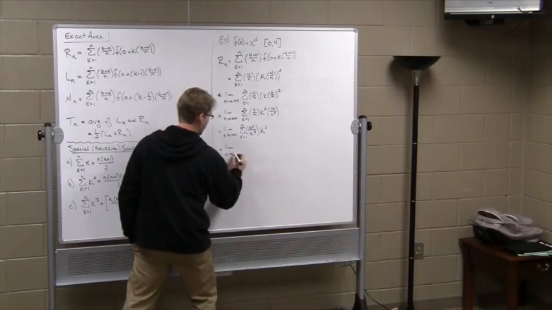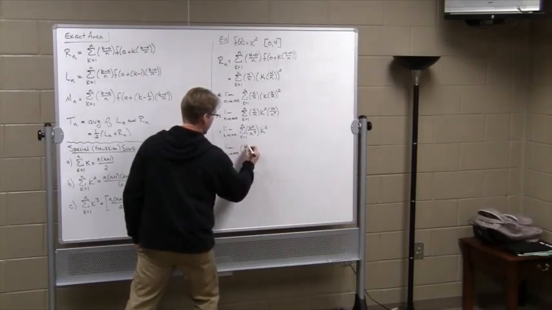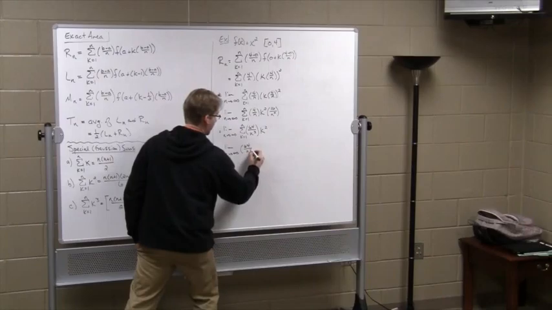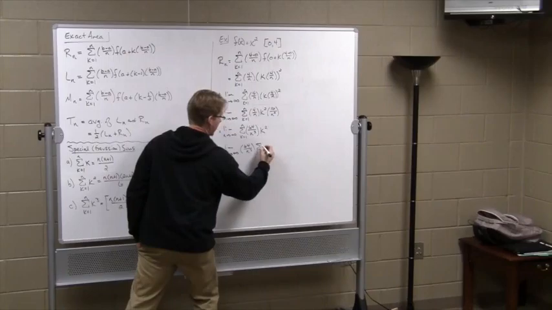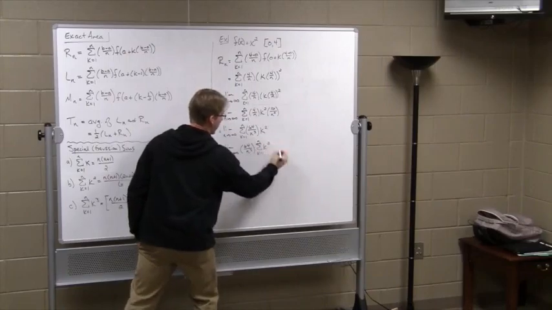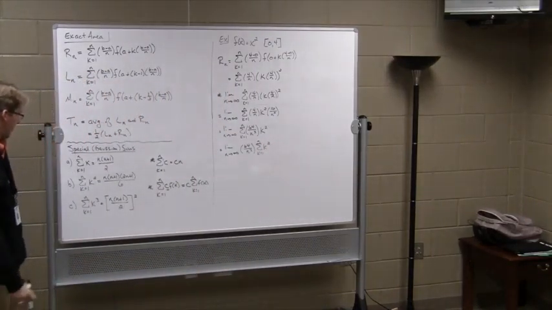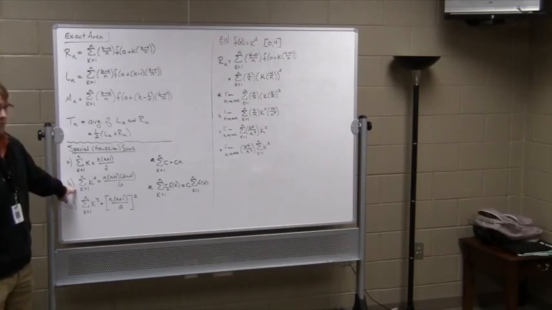Limit as n approaches infinity of 64 over n cubed times the sum as k goes from 1 to n of k squared. And now we can thank Gauss and Bernoulli for giving us this cute little formula right here.